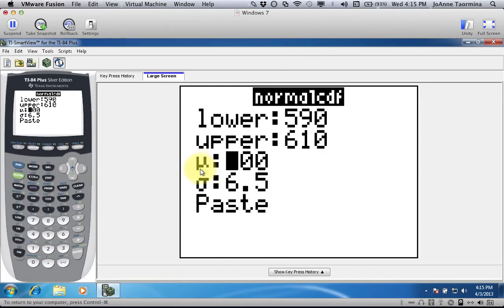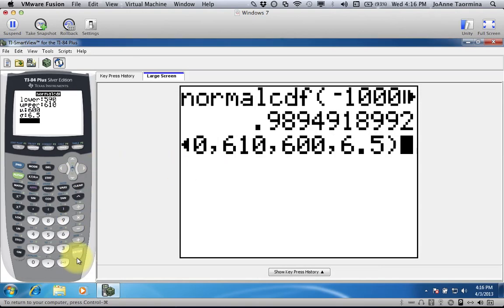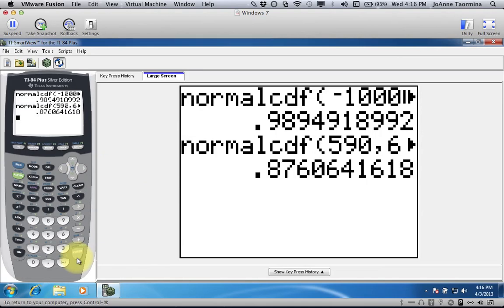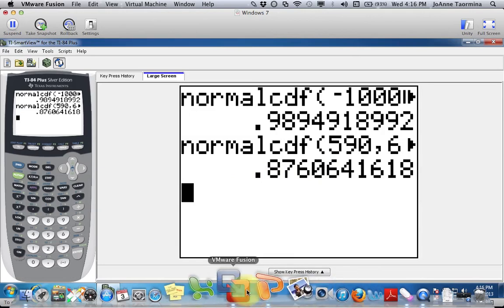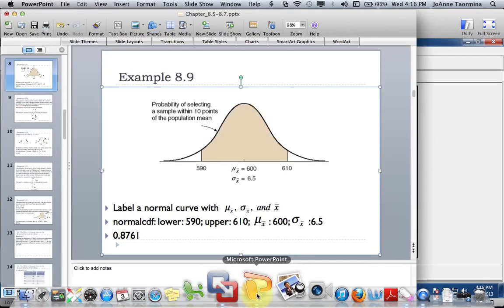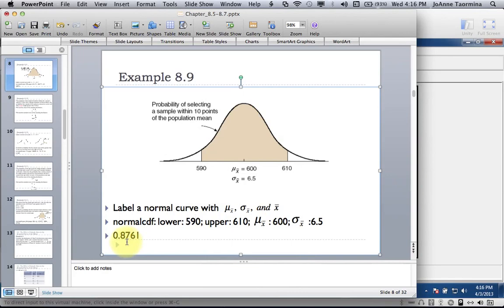It's your job to understand that this refers to the center of the sampling distribution, and the sigma, even though it doesn't say sigma x bar, it represents the standard error. Paste, and this will give us 0.8761. It'll give us the proportion of area between 590 and 610. Okay, 0.8761.